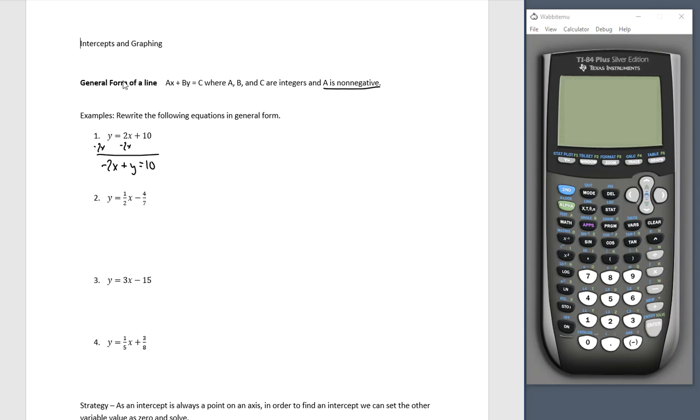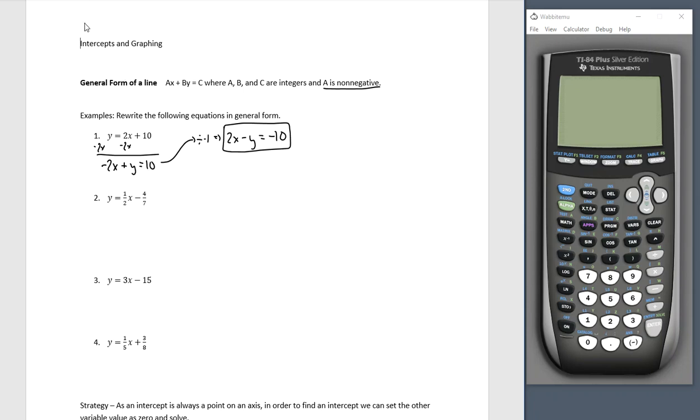So I'm going to divide everything by -1 to get 2x minus y equals -10. Negative 2x plus y equals 10. I need this x coefficient to be non-negative, so I can multiply or divide every single term by a negative in order to change its sign.